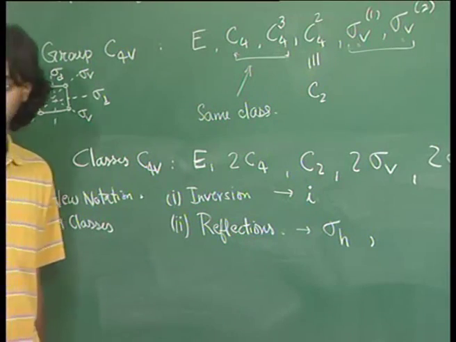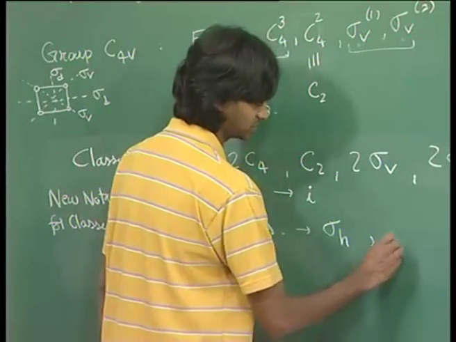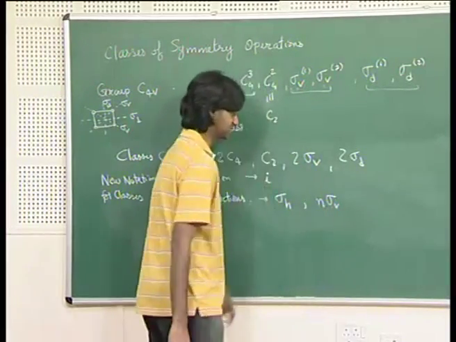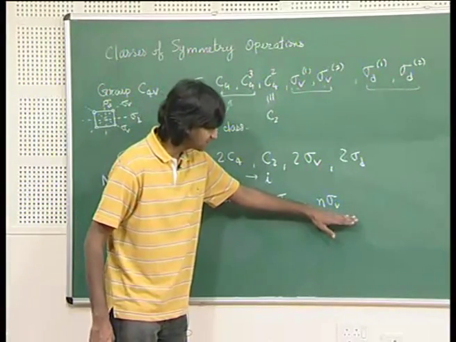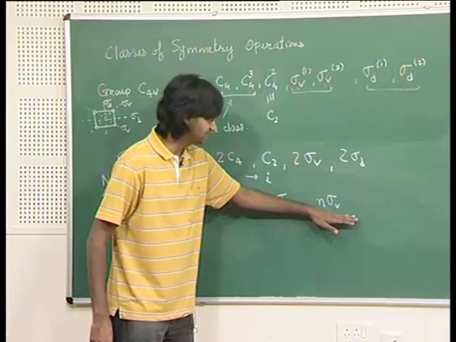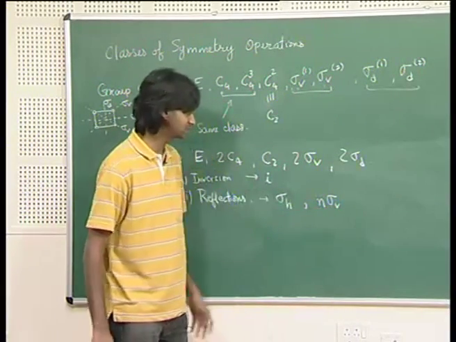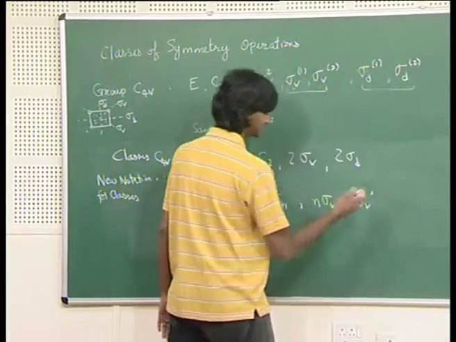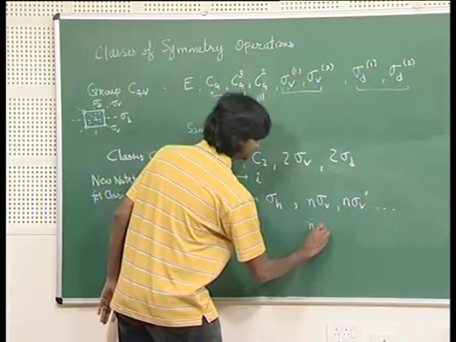Sigma v's and sigma d's are separated into classes, and you can have n sigma v's in one class. You can also have cases where sigma v's divide themselves into various classes. So some sigma v's are in one class, you could have another sigma v prime in another class, and so on and so on, and then you could have sigma d's.